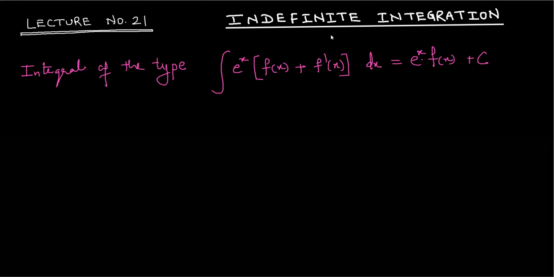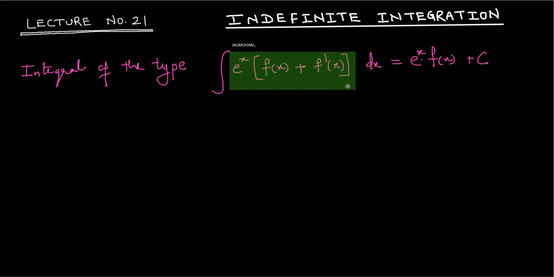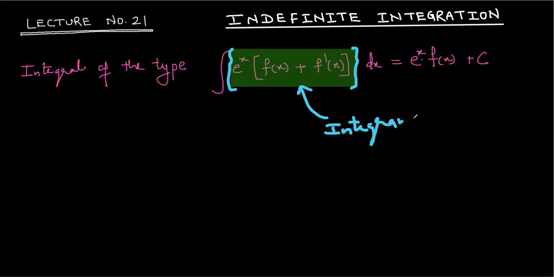So what is the type? The type is if you have an integrand. What is this? This is the integrand, something that you are integrating is the integrand. Now this integrand is a special integrand. Why special?